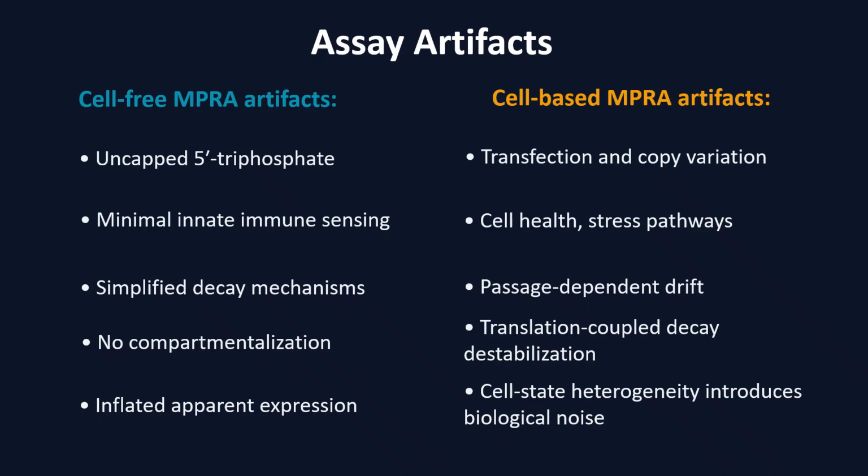We know that cell-free systems are powerful when it comes to scale, but they simplify regulation, right? Now, when it comes to cell-based MPRA, we have opposite trade-offs. The biology is more realistic, but also more variable. Transfection efficiency differs between cells. Plasmid copy number varies.